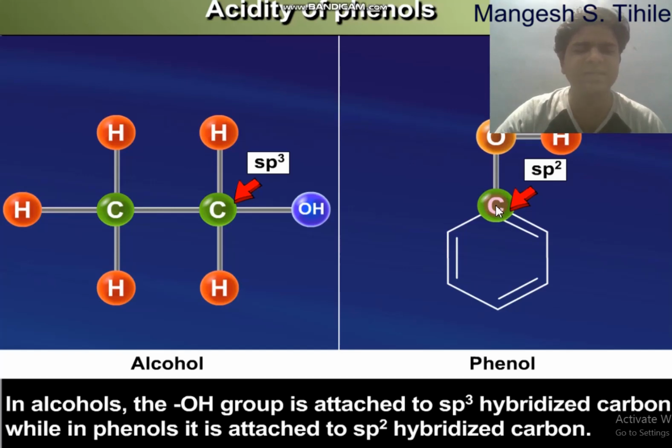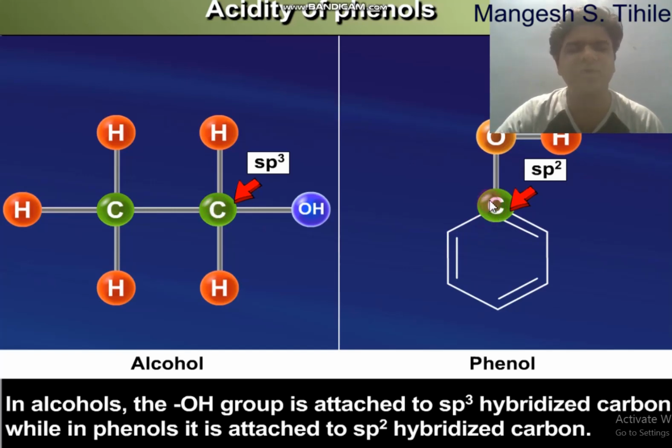Why is it deficient in nature? Because the s character of this carbon atom is 33.33%, whereas the s character of the sp3 hybridized carbon atom in alcohol is 25%, and as the s character increases, electron withdrawing nature increases. Another evidence of electron withdrawing nature is that this carbon is unsaturated, while that carbon is saturated.